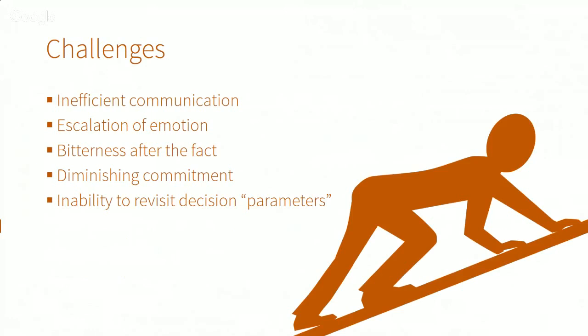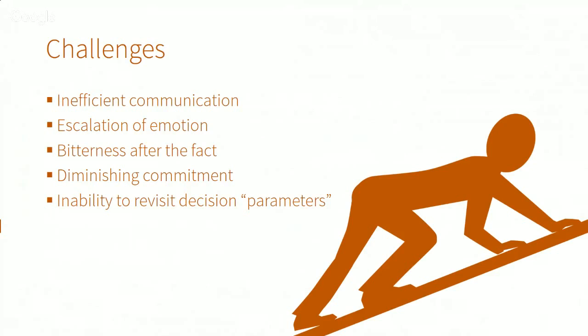So these are the key challenges to that process. Communication gets very inefficient. If you disagree about something, as I said, you circle, you feel like you're in this kind of time warp where the same things keep coming up. Emotion, after a while, starts playing a part. It escalates during the meeting. Sometimes that has fallout after the meeting, which can cause bitterness.